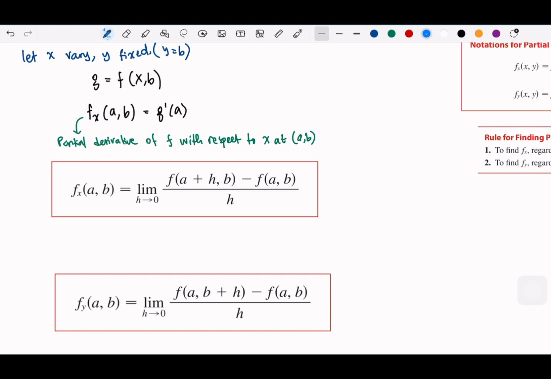Okay, so this we call partial derivative of f with respect to x. Okay. And the same thing for this one. This will be partial derivative of f with respect to y. Okay.